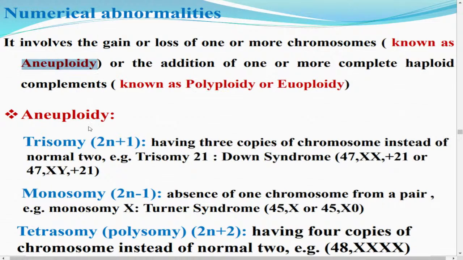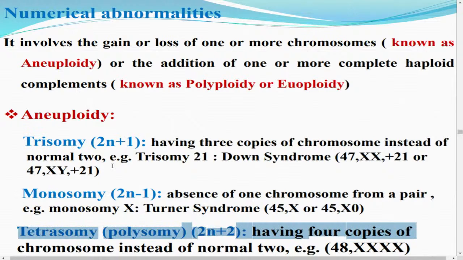Starting with aneuploidy, which is the loss or gain of one or more chromosomes, we have trisomy, monosomy, and tetrasomy. Trisomy is having 3 copies of a chromosome instead of the normal 2, which is very abnormal.